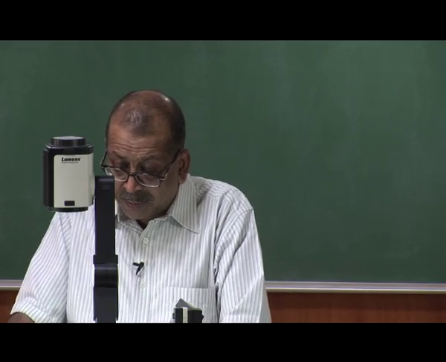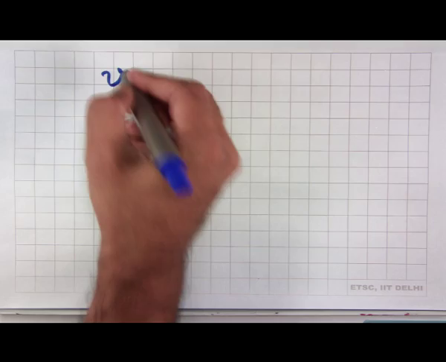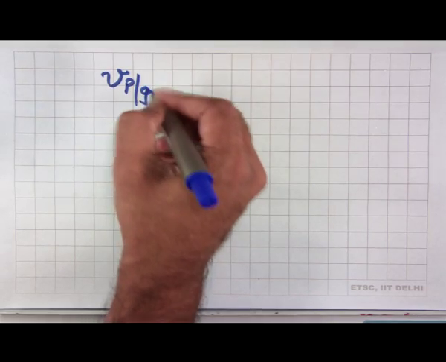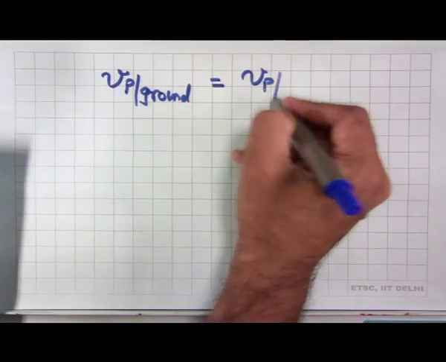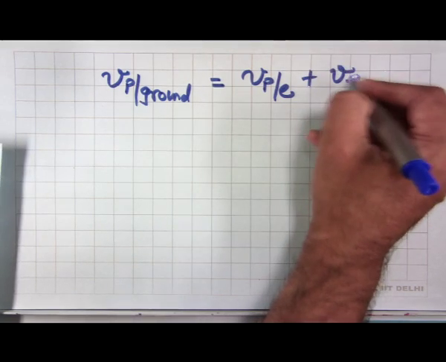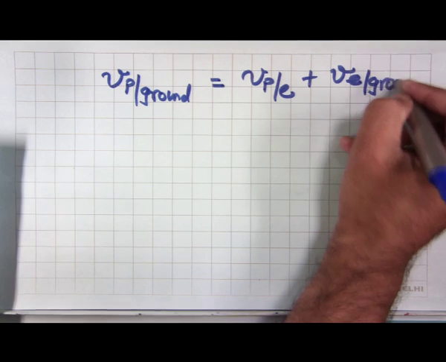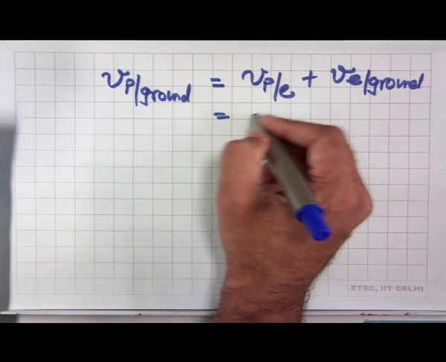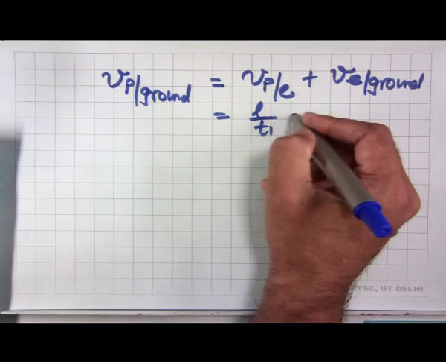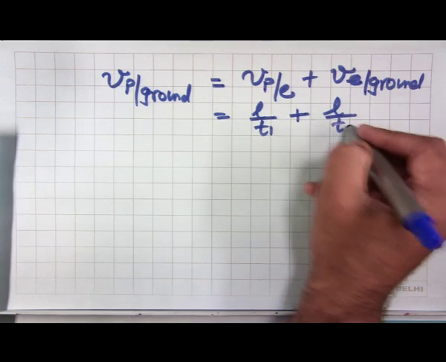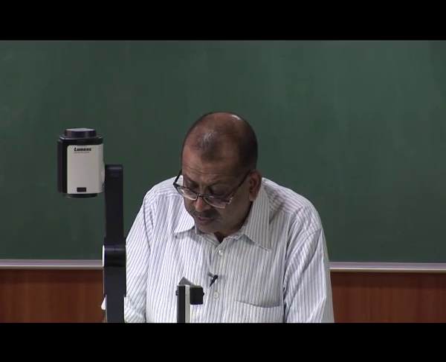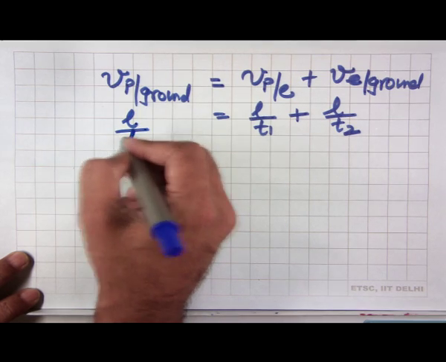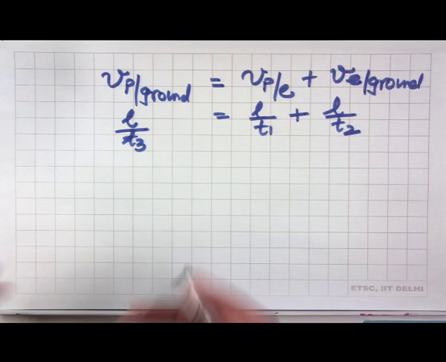So, now when the person moves with the escalator, the velocity of the person with respect to ground will become equal to the velocity of the person with respect to escalator plus the velocity of escalator with respect to ground. So, this will become equal to L upon T1 plus L upon T2. And the velocity of the person with respect to ground now will be given as L upon T3, where T3 is the final time taken by the person on the moving escalator.